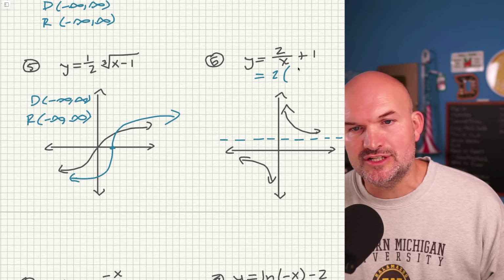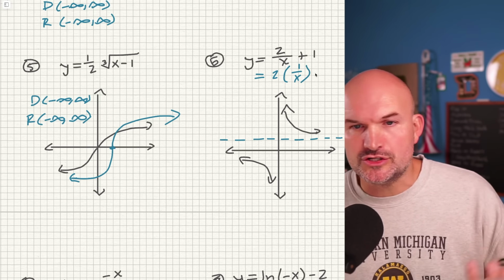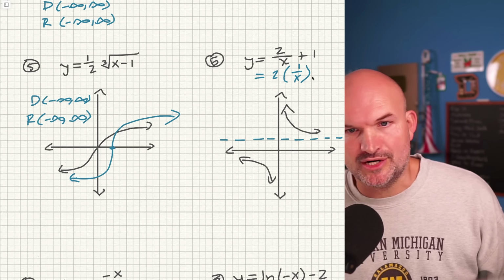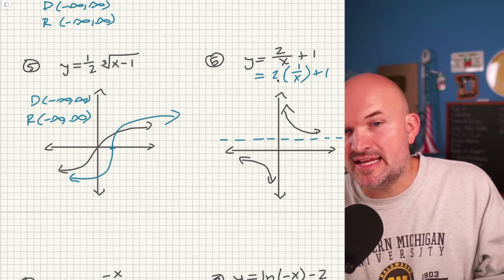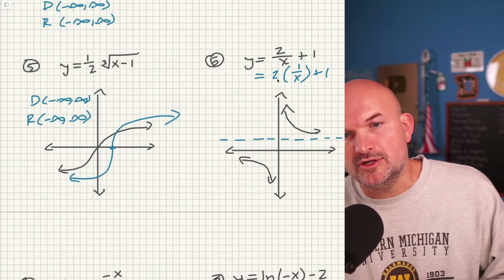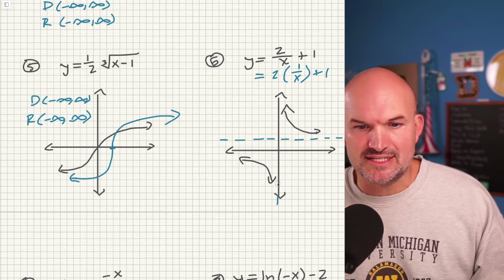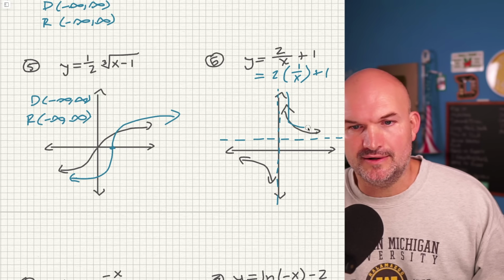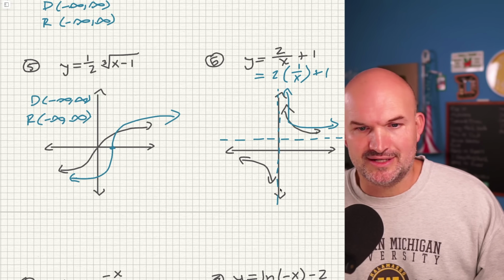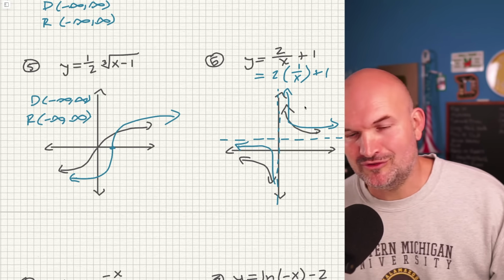So therefore, we can describe this as either a vertical stretch or compression or a horizontal stretch or compression. But for the sake of this video, I'll say this is a vertical stretch by a factor of 2. I'm not shifting it horizontally left or right. So I'll have something like this, and it's kind of hard to represent the vertical stretch of my reciprocal function.